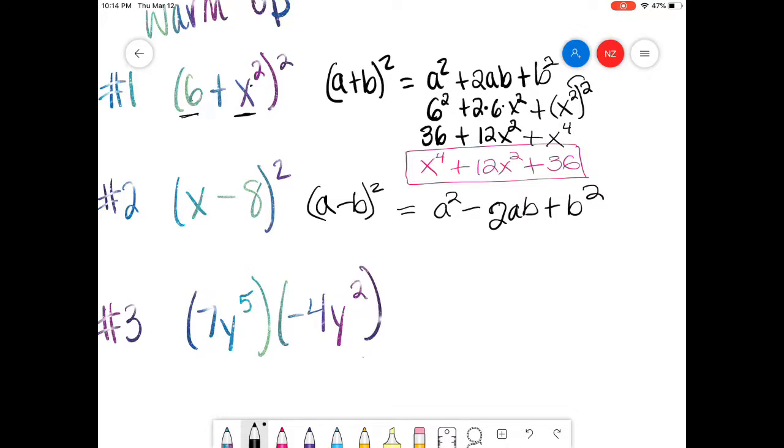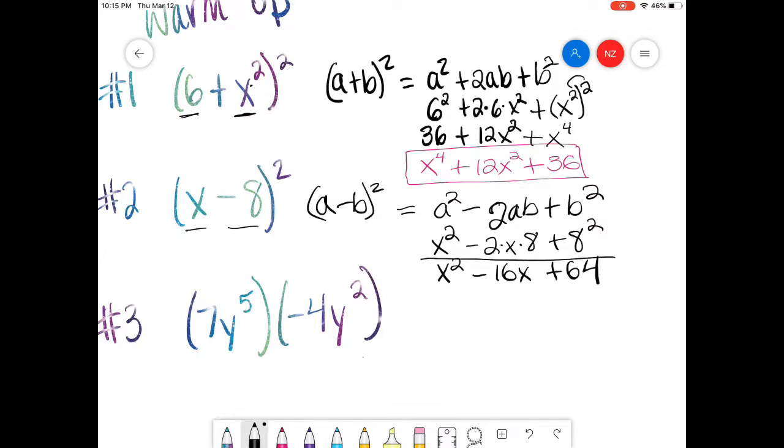That's totally fine. But in this case, a is x and b is 8. So I have x squared minus 2 times x times 8 plus 8 squared, which would get me x squared minus 16x plus 64. No like terms, it's in standard form, so that's it.